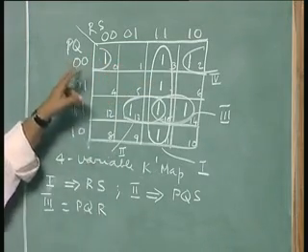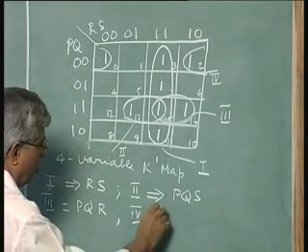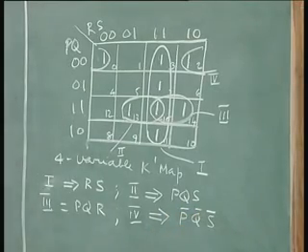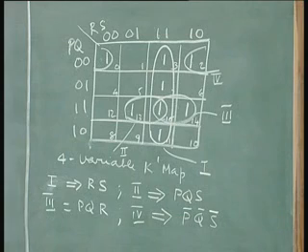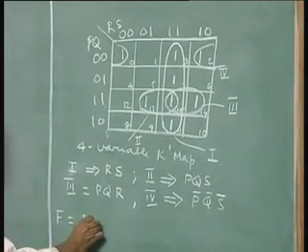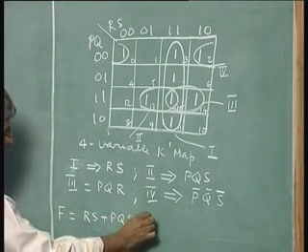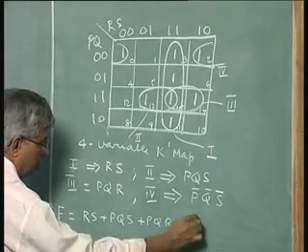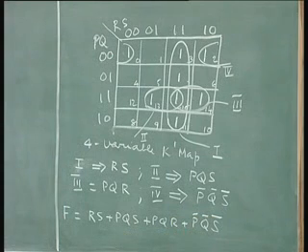So it is P bar, Q bar, S bar. So that means my final expression is RS plus PQS plus PQR plus P bar Q bar S bar.